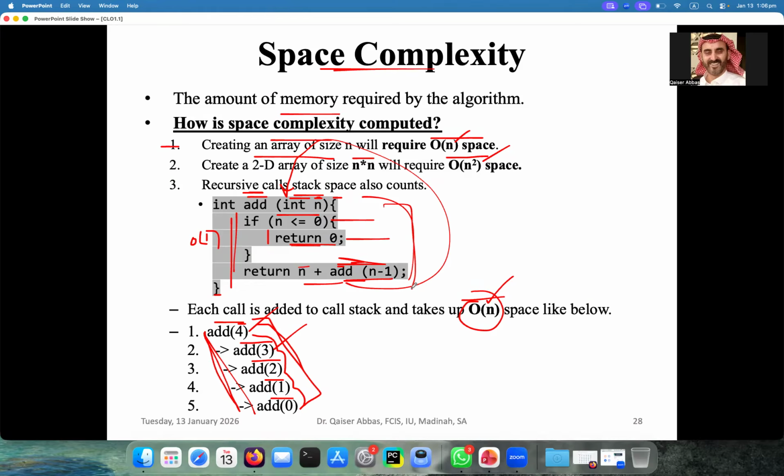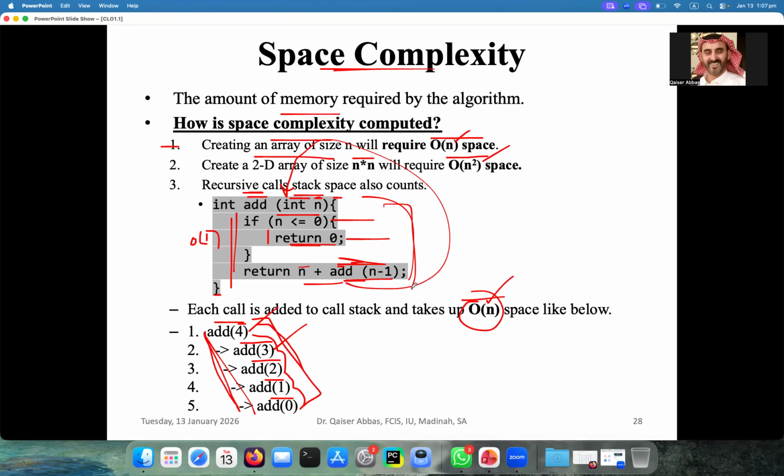What is auxiliary complexity? The space that the algorithm is using at the runtime, or the space your program is using at the runtime. I'm saying program for your better understanding. When the program runs, what space that program will use, because at that time recursion will execute.